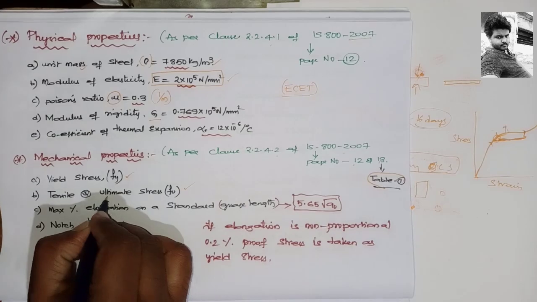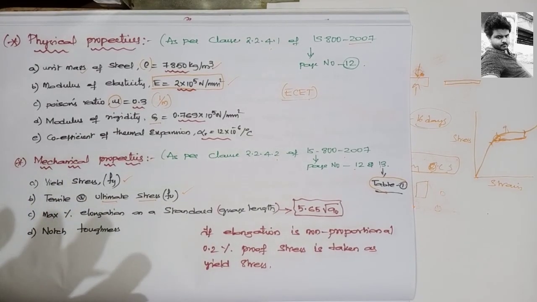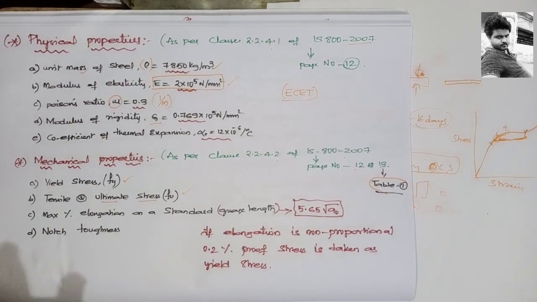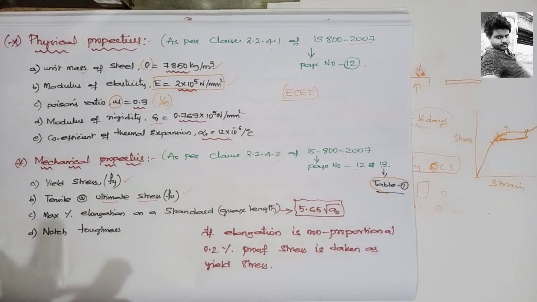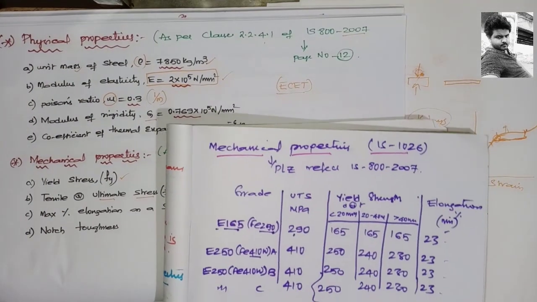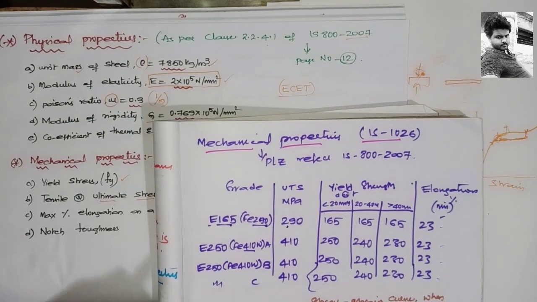Now, what is the ultimate stress? It is the maximum stress value obtained on a stress strain curve, the maximum value we get before breaking. These are the values you can see on page number 13 of IS 800 2007.